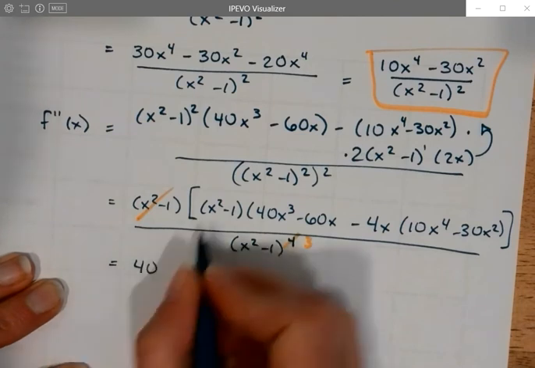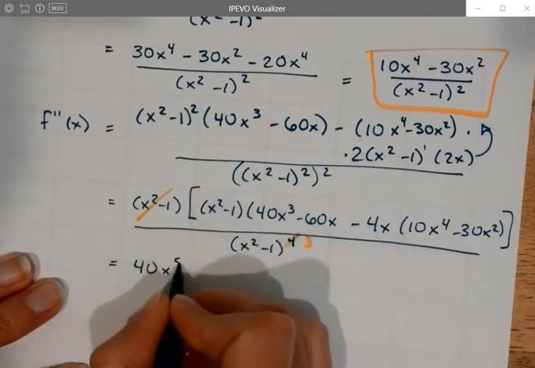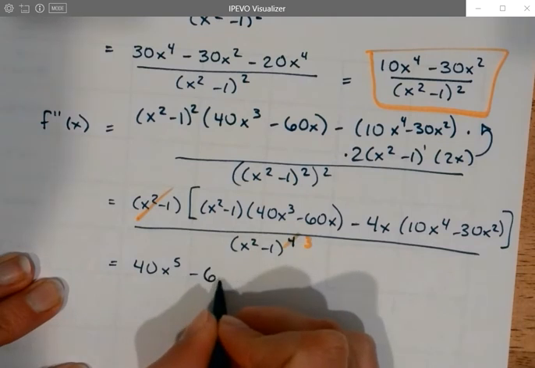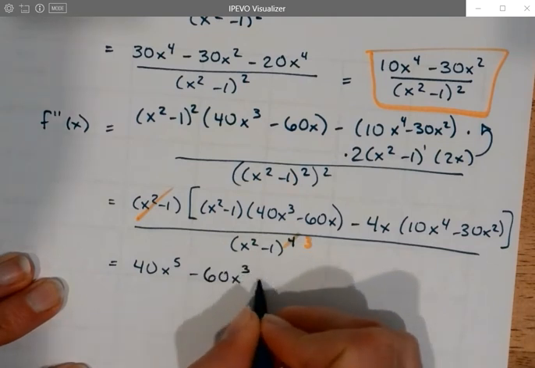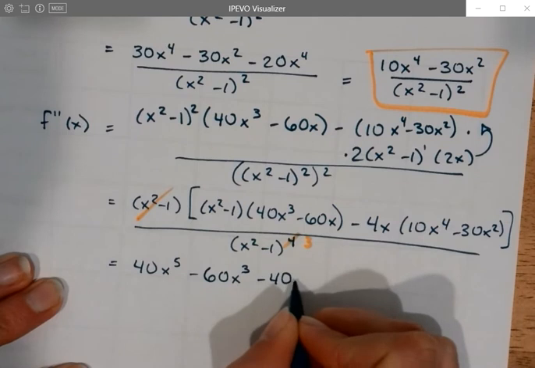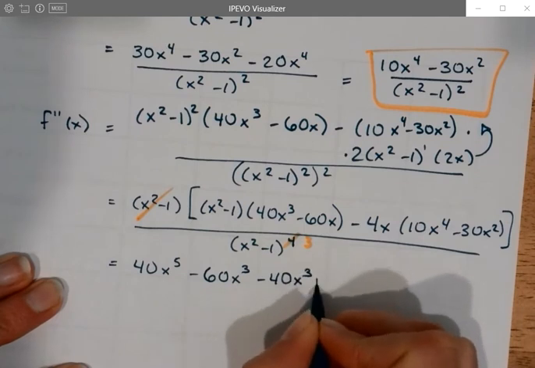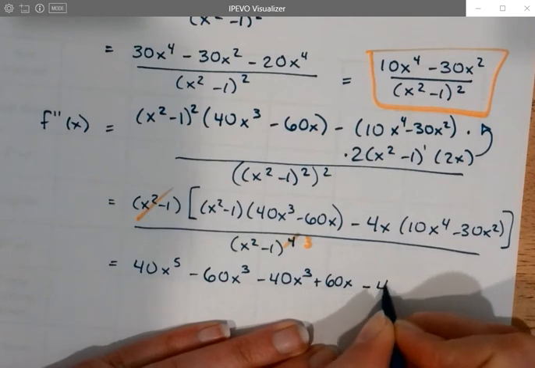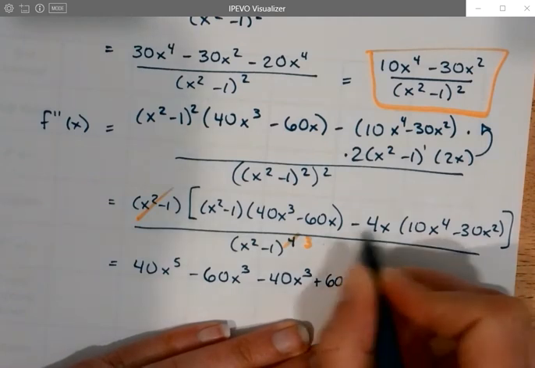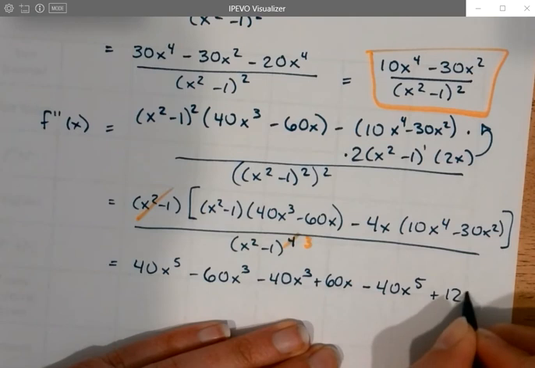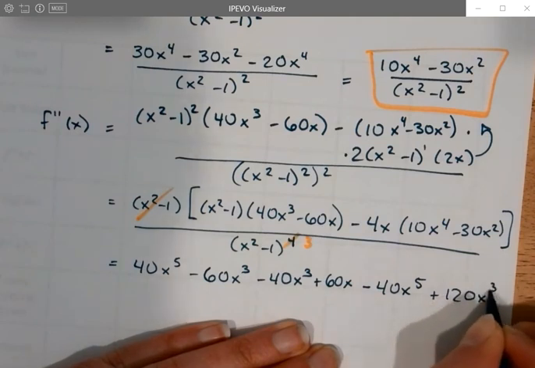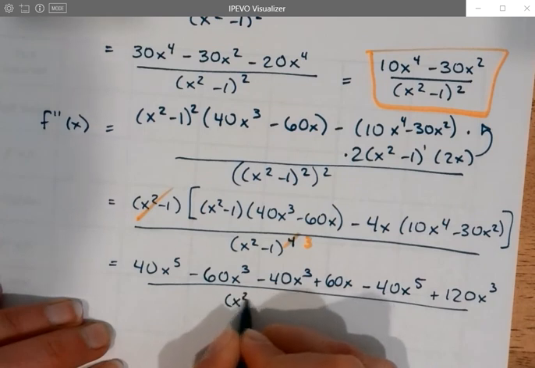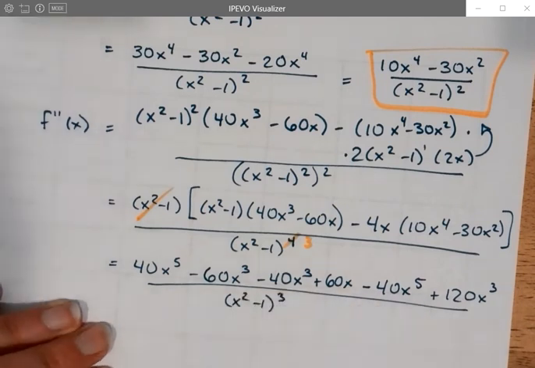So we've got 40x to the fifth, close parenthesis there, minus 60x to the third, minus 40x to the third plus 60x, then minus 40x to the fifth plus 120x to the third, over our x squared minus 1 to the third.